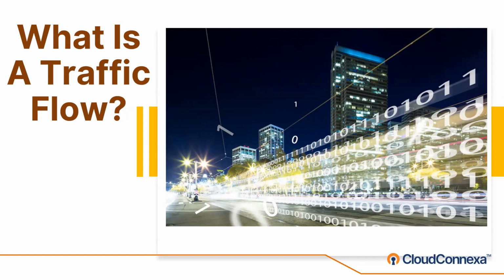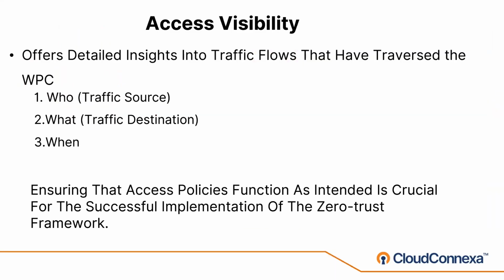This association is identified by its source IP address, destination IP address, source port, destination port, and the protocol field. So if we want to simplify that, access visibility offers detailed insights into traffic flows that have traveled through the WPC, about users, hosts, networks, and any traffic that was directed towards any destination.